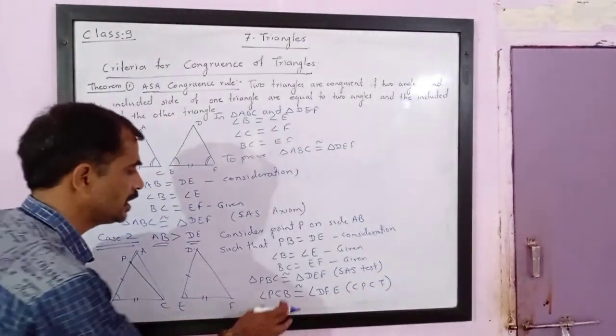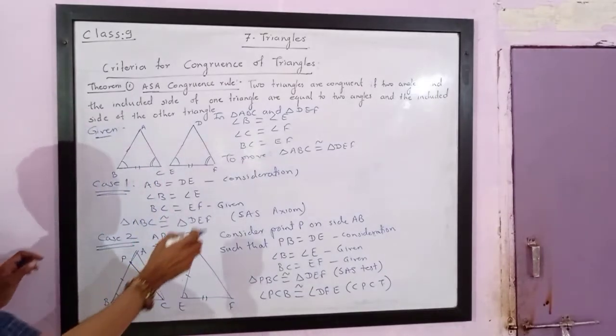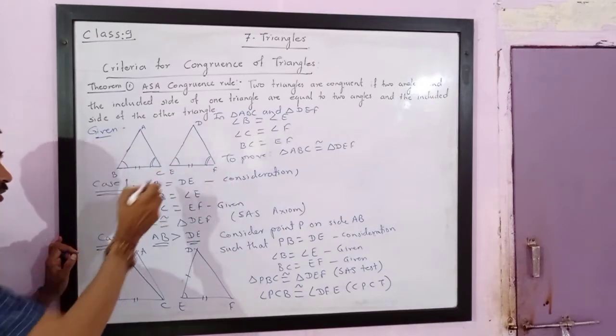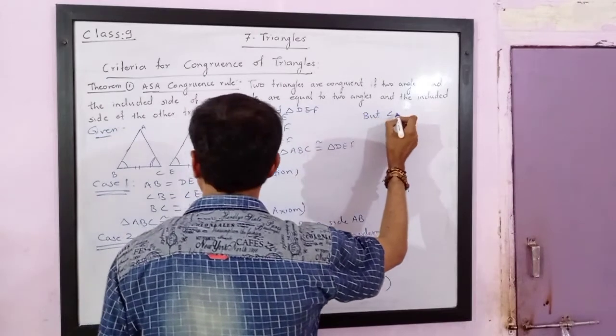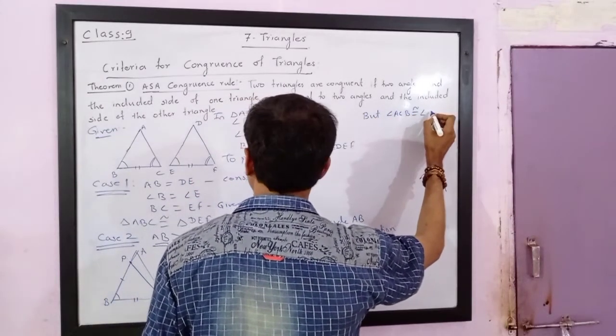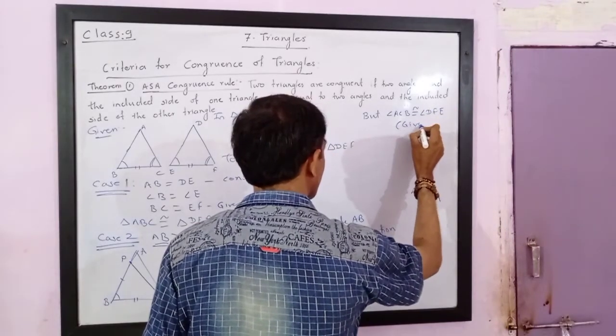Now PCB is congruent to DFE, but we are given that angle ACB is congruent to angle DFE.